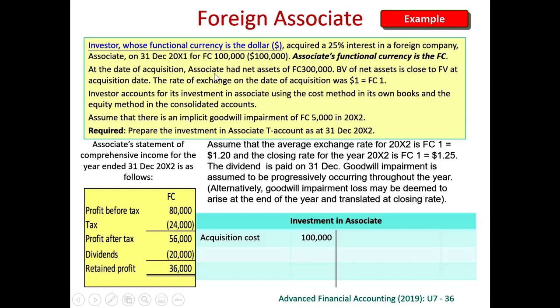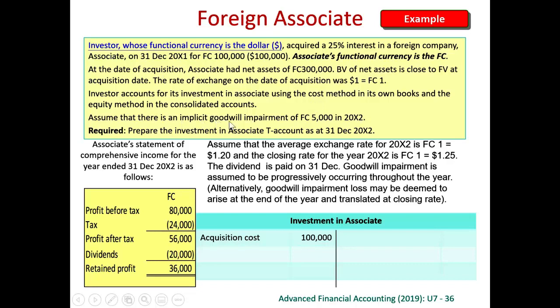On the day of acquisition, this associate has net assets of FC 300,000. The book value is close to fair value, so there are no fair value adjustments, to keep it simpler. In its own financial statements, it uses the cost method to account for this investment in associate.